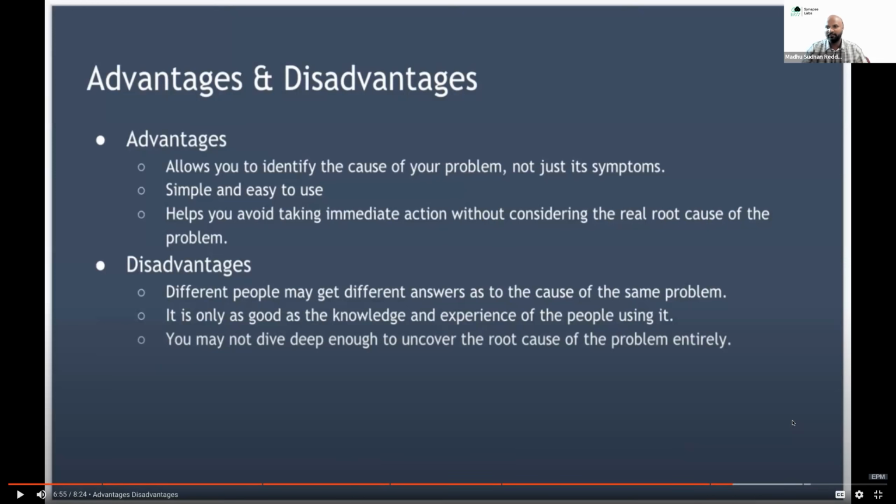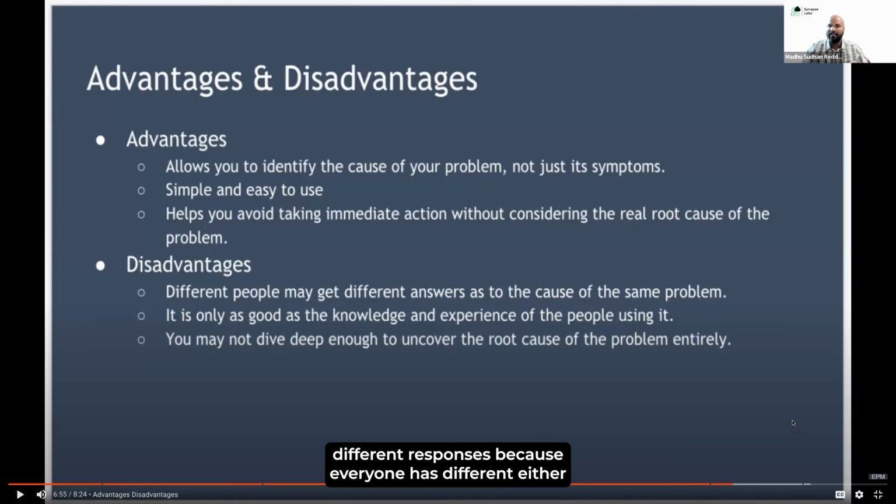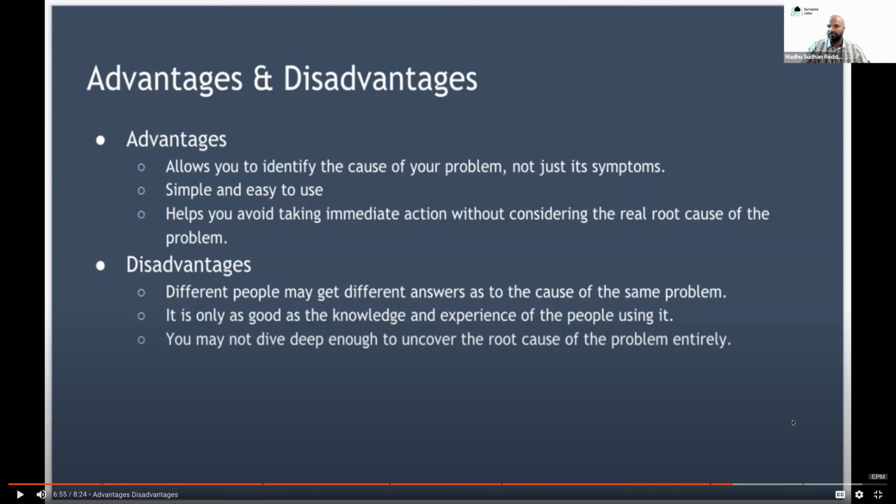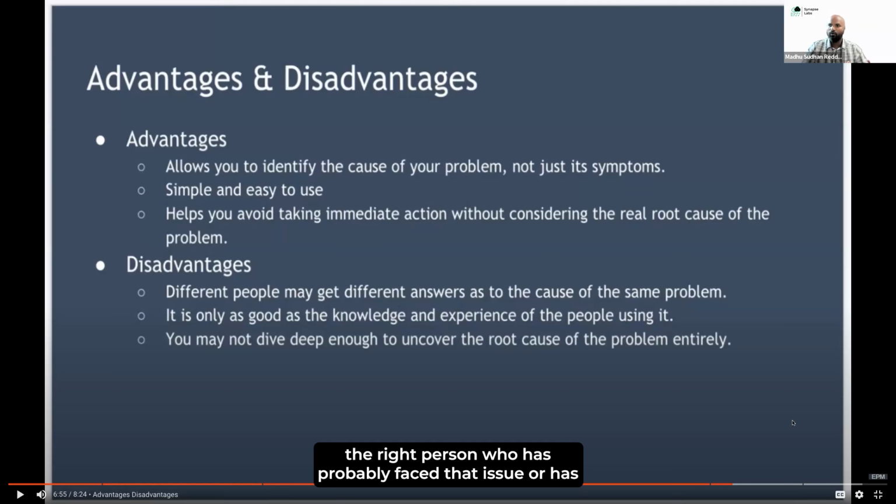You might expect different responses because everyone has different subject matter expertise, or it could be that you do not have the right person who has probably faced that issue or has been working on that issue.